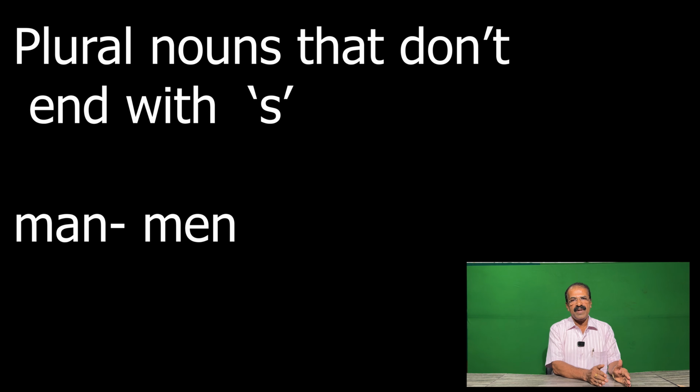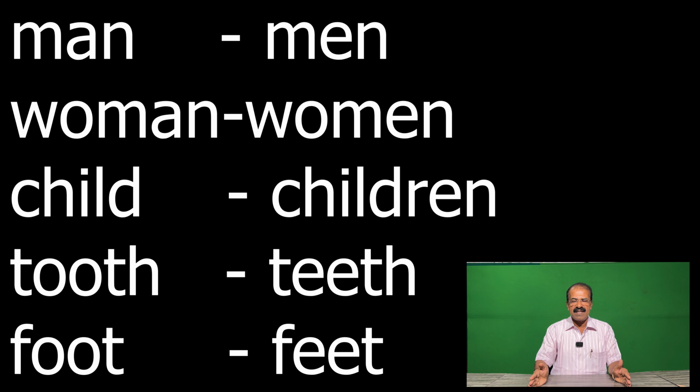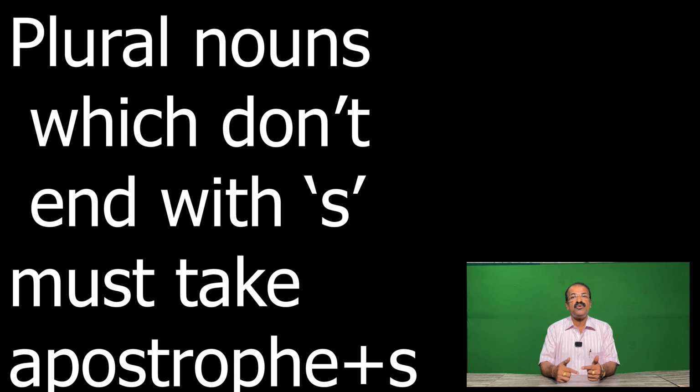So man becomes men, woman becomes women, child becomes children, tooth becomes teeth, foot becomes feet. These are plural nouns which do not end in S. So what do you do?